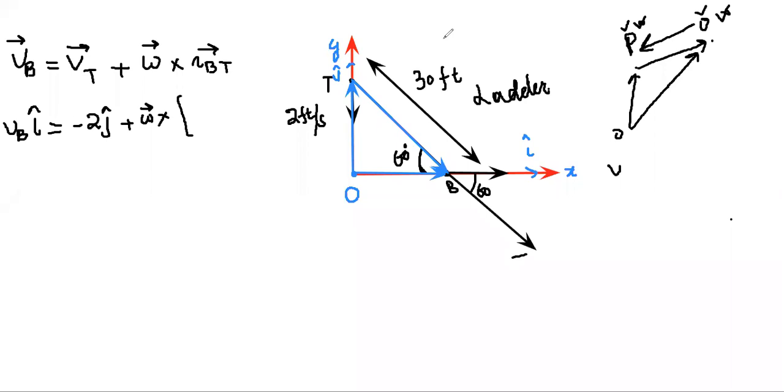Its component along the x-axis will be RBT cos theta. In this direction its component will be RBT cos 60, and in this direction its component will be RBT sine 60.